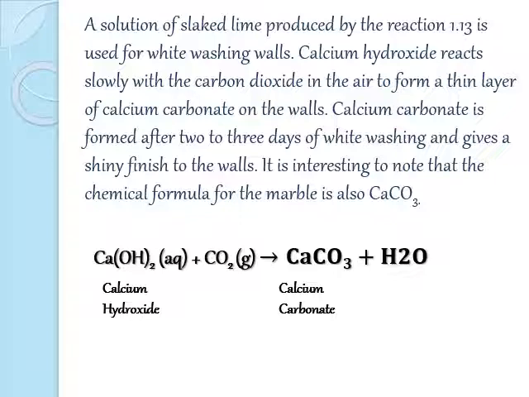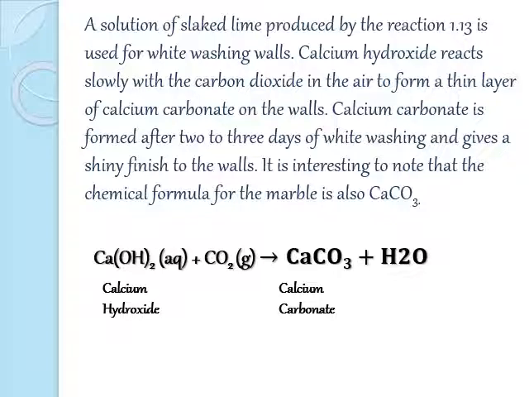A solution of slaked lime produced by the reaction is used for whitewashing. While walls are whitewashed, what chemical reactions are going on? Calcium carbonate is formed from calcium hydroxide, which slowly reacts with carbon dioxide in the air.